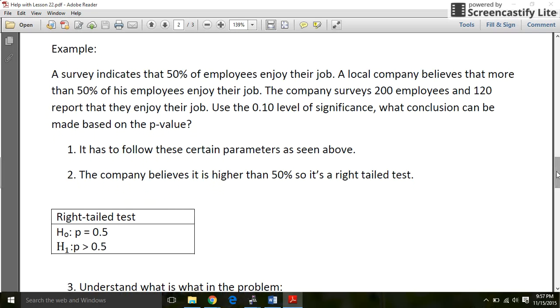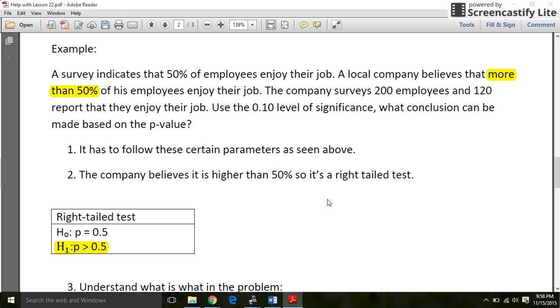The company believes it is higher than 50%, so it's a right-tailed test. Because a local company believes that more than 50% of the employees enjoy their job, that's where I'm getting the greater than. So I'm going to go here and for my alternative do P is greater than 0.5.